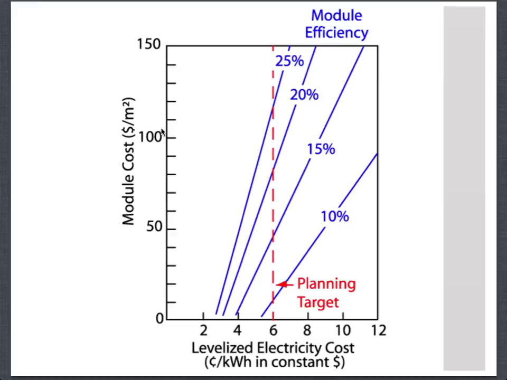As module efficiency increases, you get a higher slope in the curve. This means that for a given increase in the module cost, for high efficiency modules, the electricity cost is increased just a little bit. So if you use high efficiency modules, then the manufacturers can profit more without charging the consumers much.